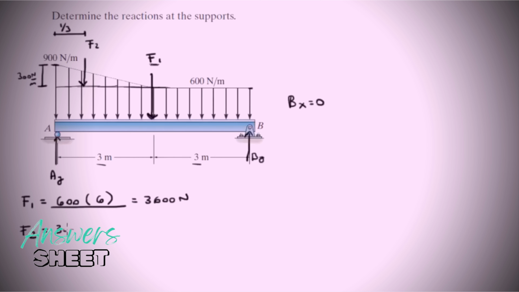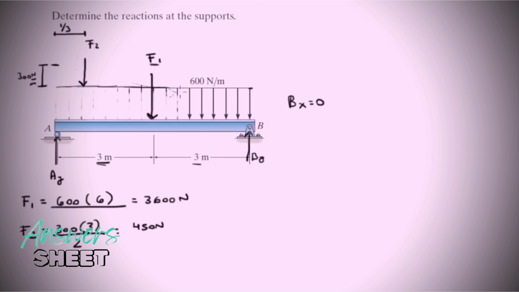So it's 300 times the length of the triangle, which is 3, divided by 2 because it's a triangle. So it's 450 newtons. So we're replacing this distributed load with these two equivalent forces acting on this assembly.